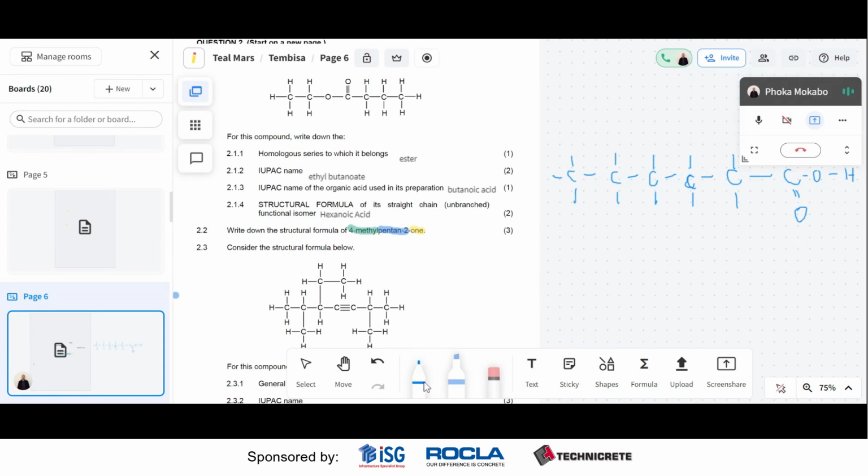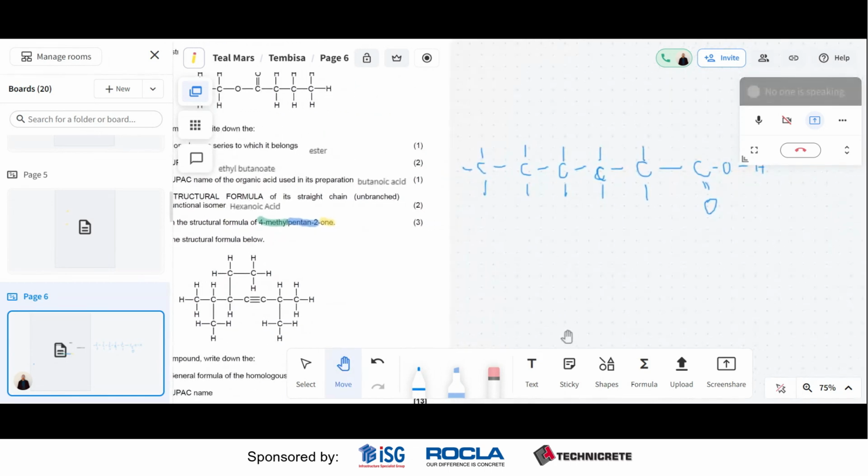Okay, so let's go about drawing this quickly. And again, let's give ourselves a bit of space. We're looking at, like I said, 5 carbons: 1, 2, 3, 4, 5. And let's make this position 4, so we'll be counting from right to left.